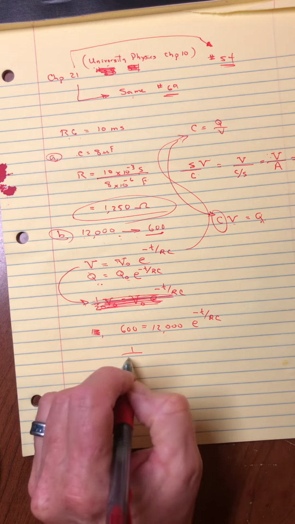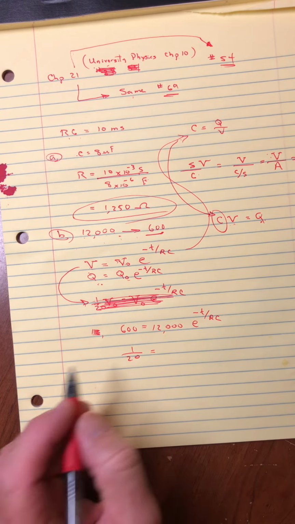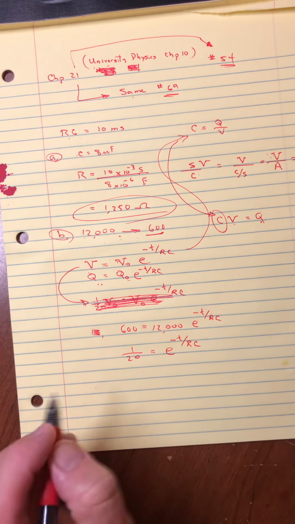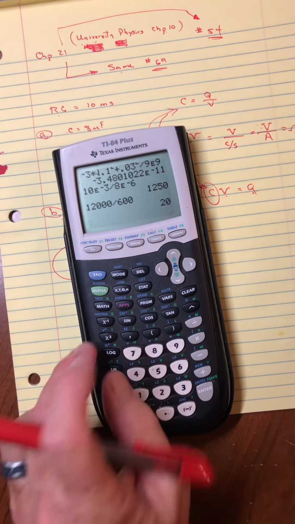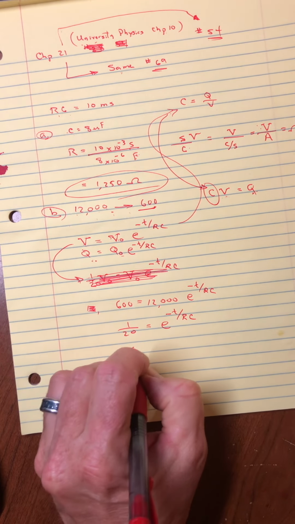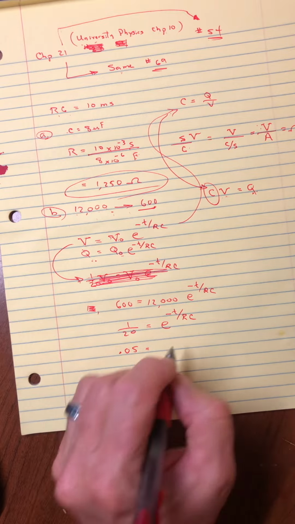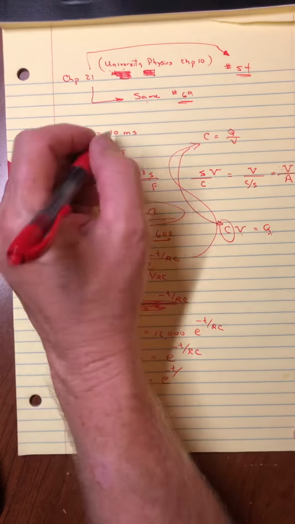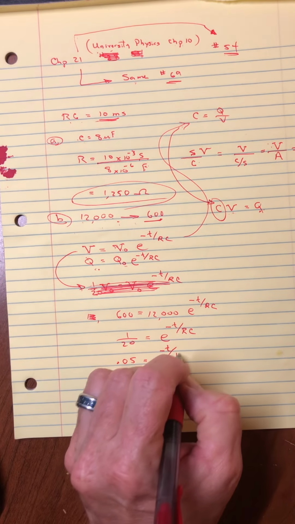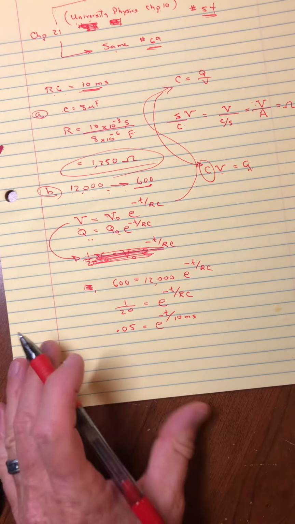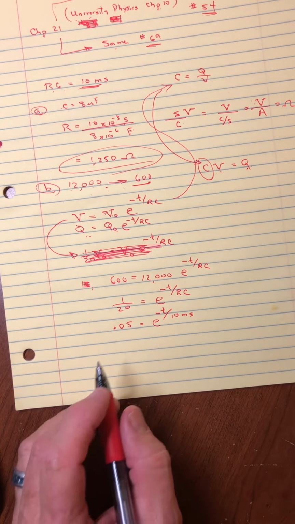So with the 600 on top, I would have 1/20th equals e to the minus t over RC. Now, maybe to simplify that, a 1/20th should be 0.05. So let me write that as 0.05. And then also let me write this as e to the minus t, and we said the whole time constant was 10 milliseconds anyway. So I might as well just put in the 10 milliseconds for the RC.